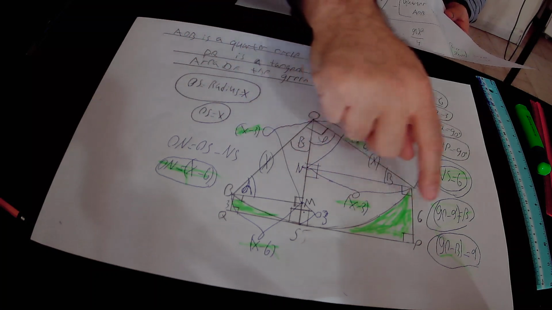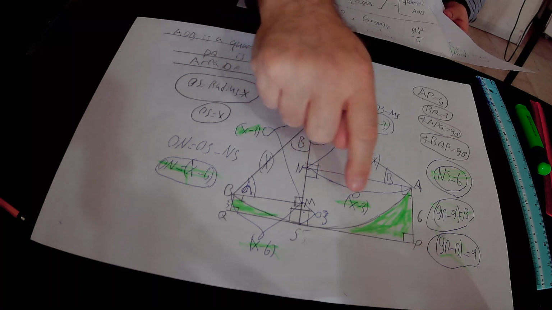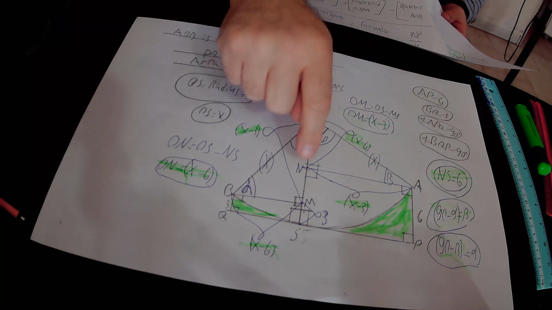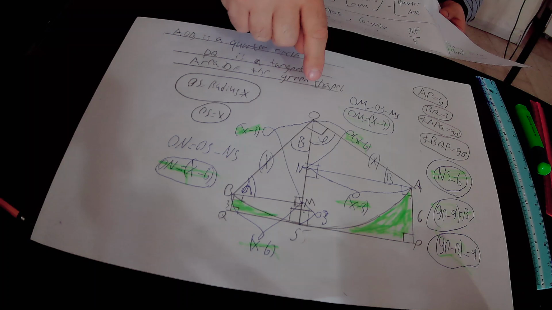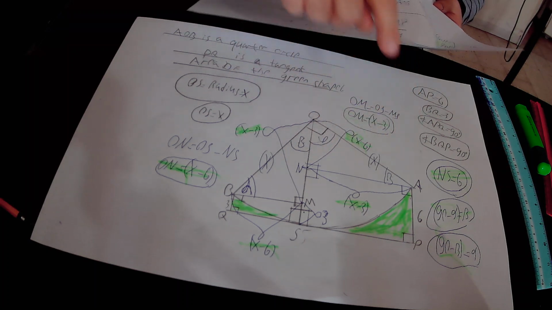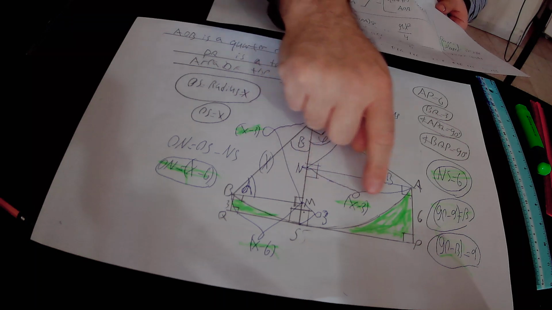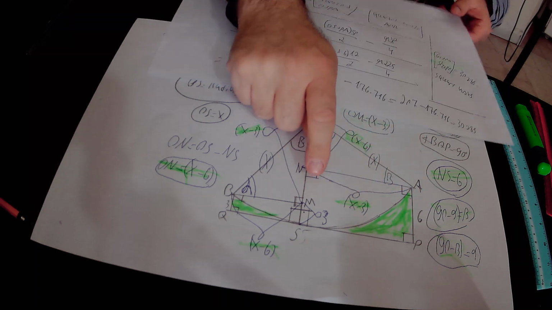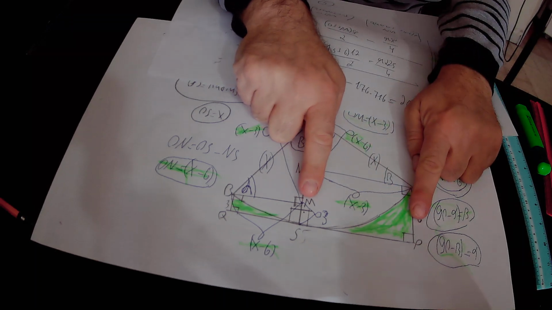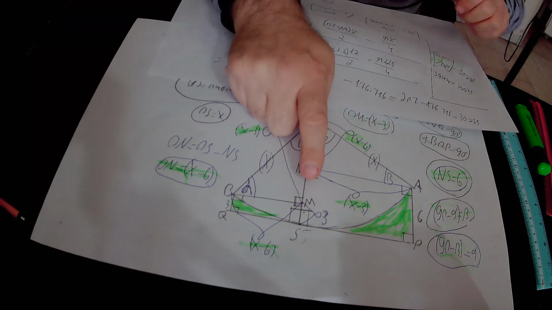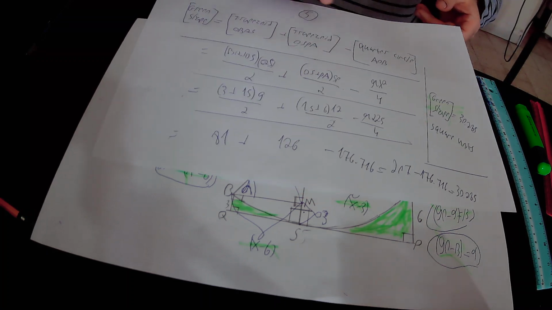What is the area of trapezoid OSPA? It equals the sum of its bases, that is OS plus AP, times the height SP. Why is the height SP? Because the height makes 90 degrees with the two bases. So it is the height SP over 2.